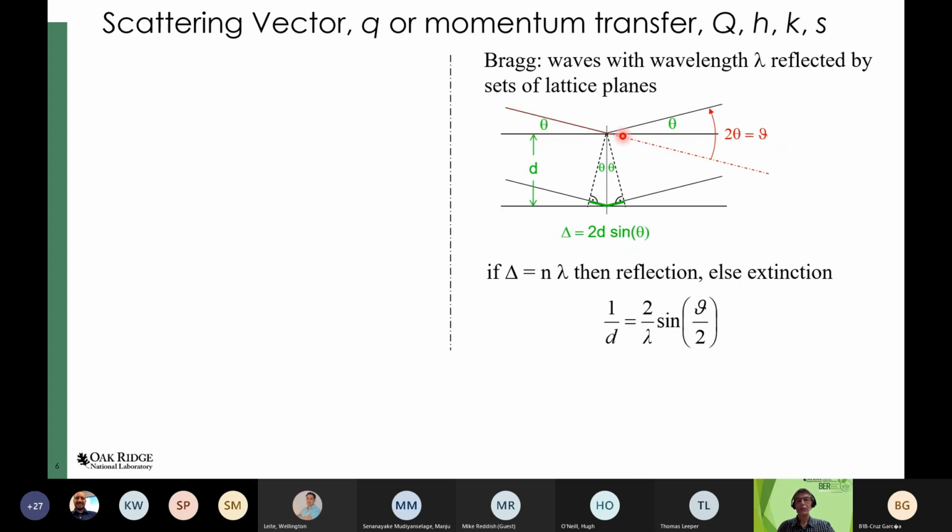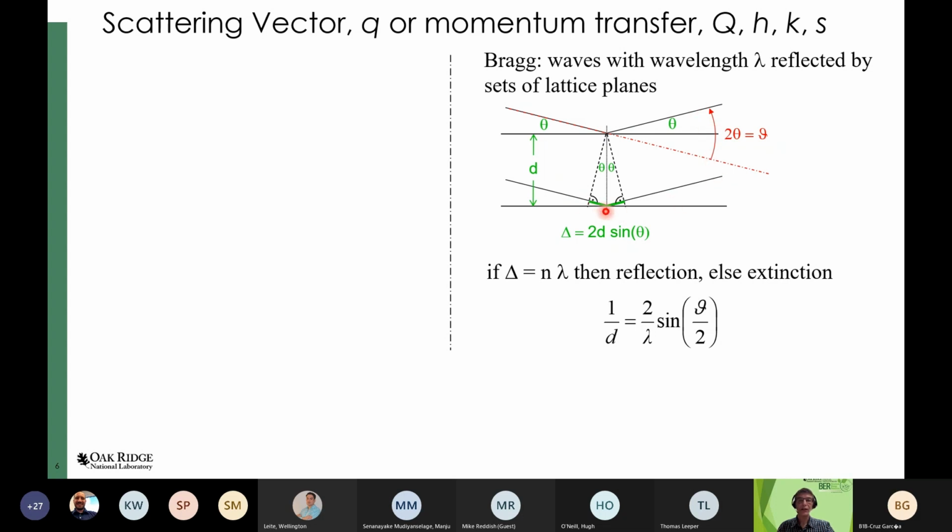This is one lattice plane, and this one would be a second lattice plane, and the wave coming in here and reflecting off of there will have a little bit of a path length difference, and that's this green piece here. So you have to travel a little farther here and then a little farther here to get back into the perpendicular case. And then at long distance on the detector, these interfere with each other.